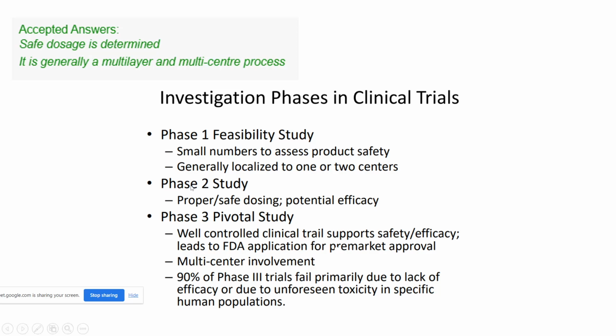Then phase 2 studies proper or safe dosing and potential efficacy. And the final, phase 3, is a pivotal study, which is a well controlled clinical trial and supports safety and efficacy, leads to FDA application for pre-market approval, and it is a multi-center involvement. So these two options, that is safe dosage is determined and it is generally a multi-layer and multi-center process, will be the correct option.